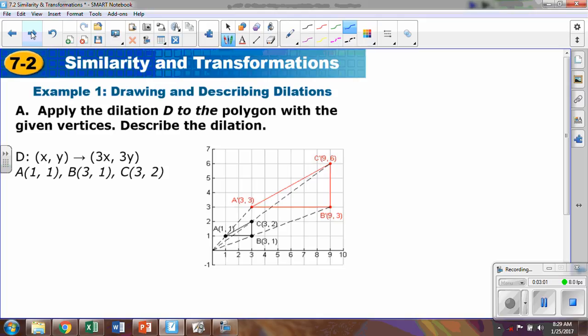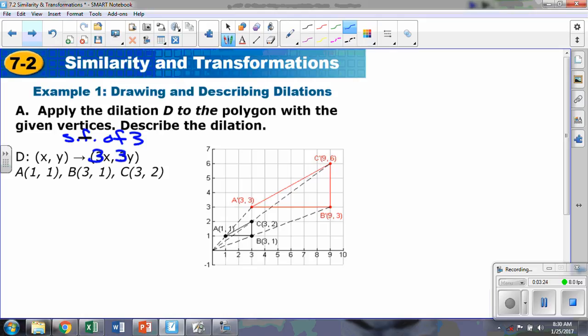Mostly this is a refresher of how dilations work. Remember, a dilation has the form where you have to multiply both the x and the y by the exact same number. And since we're multiplying by 3, this was a scale factor of 3.